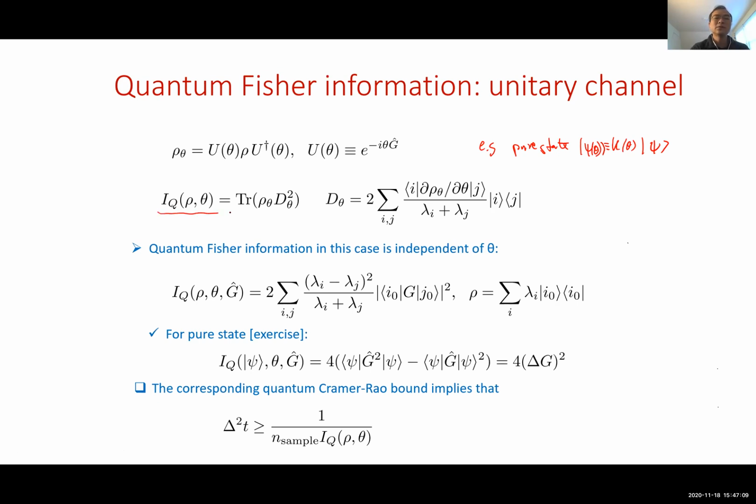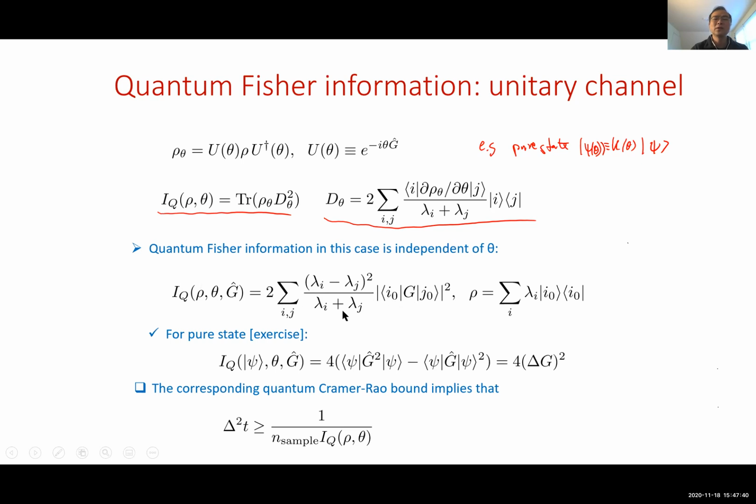And this is our Fisher information. This is what we already derived. It turns out that in this case, G here is the generator of this unitary gate or unitary matrix. You can actually derive what the Fisher information is in terms of the eigenvalues of rho and eigenstates of rho.